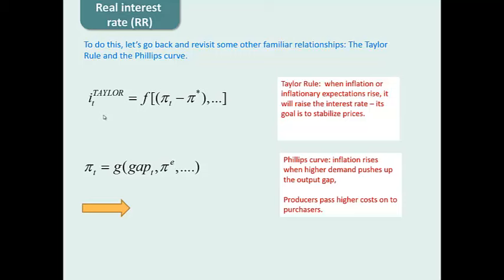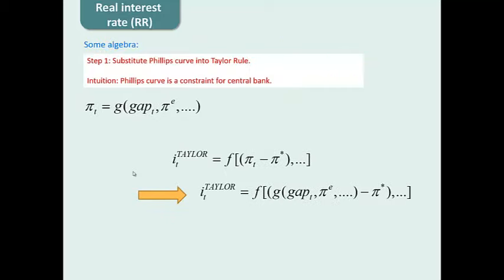And higher demand means higher cost and hence higher prices. And that information is reflected right here in the Phillips curve, because we also learned that according to the Phillips curve, when demand increases the output gap, that increases costs, and these costs are going to be passed on to purchasers in the form of higher inflation.